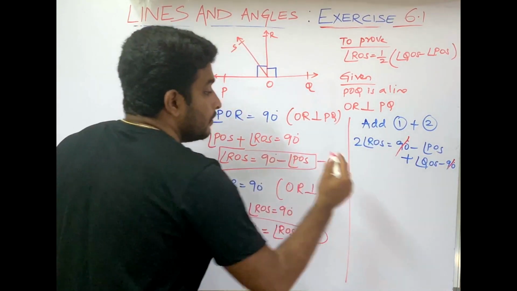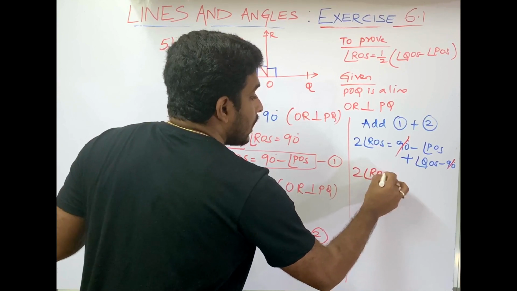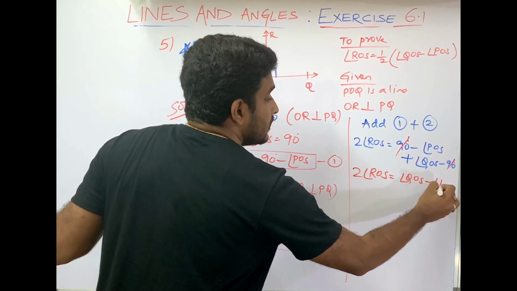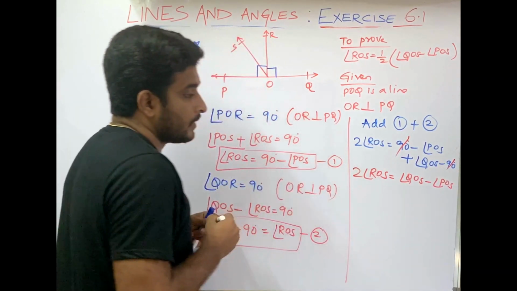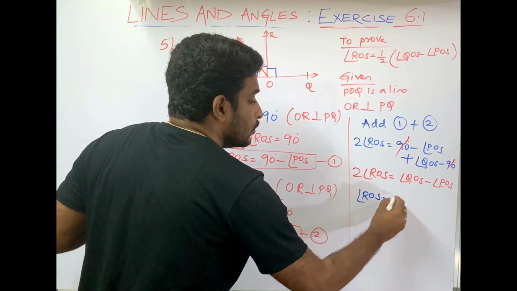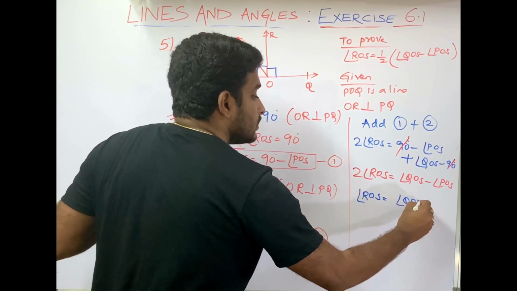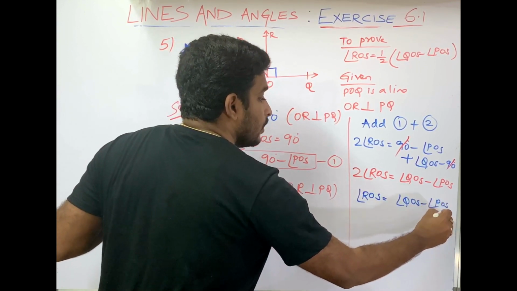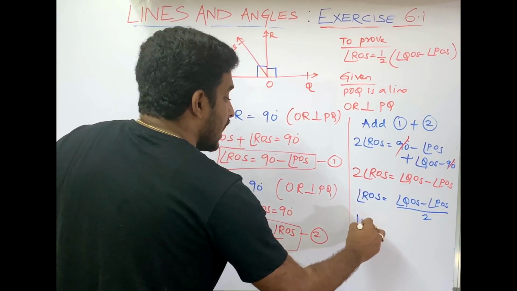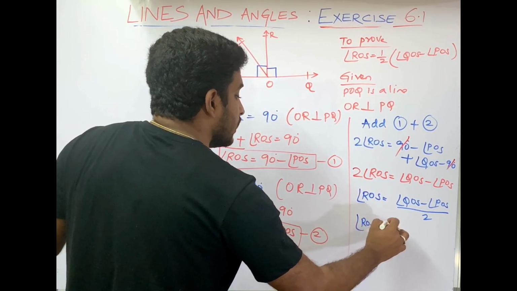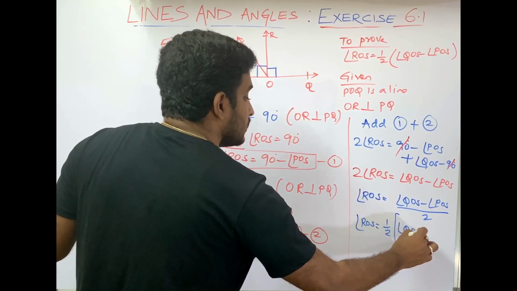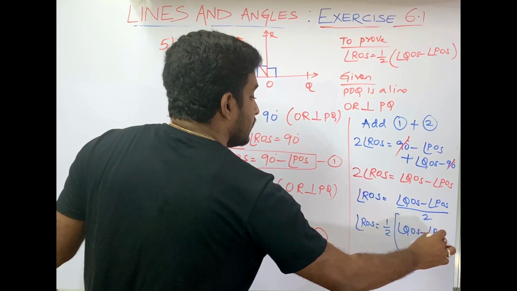The remaining will be 2 angle ROS equal to angle QOS minus angle POS. Now angle ROS equal to angle QOS minus angle POS whole by 2. See, simply we can write it as angle ROS equal to half of angle QOS minus angle POS.